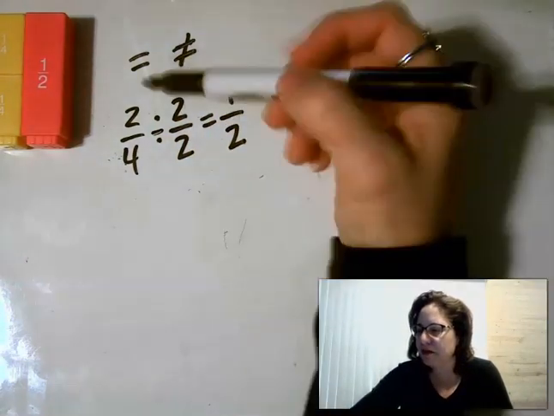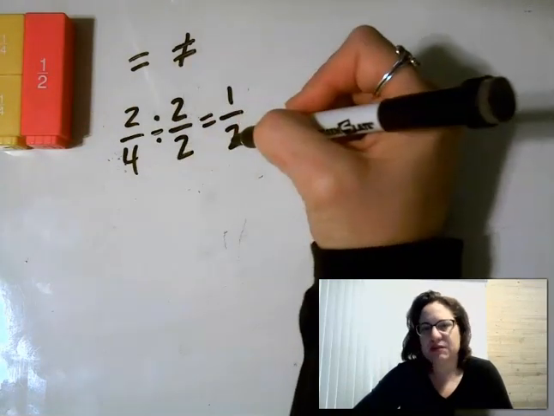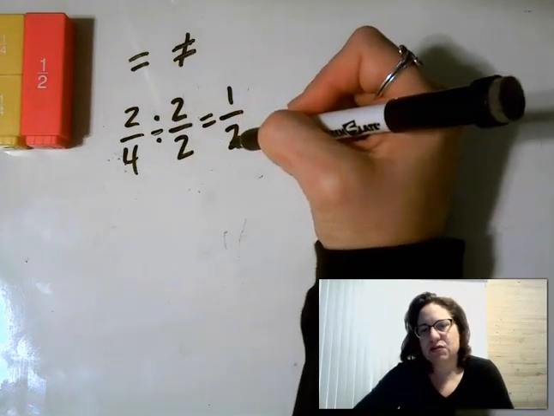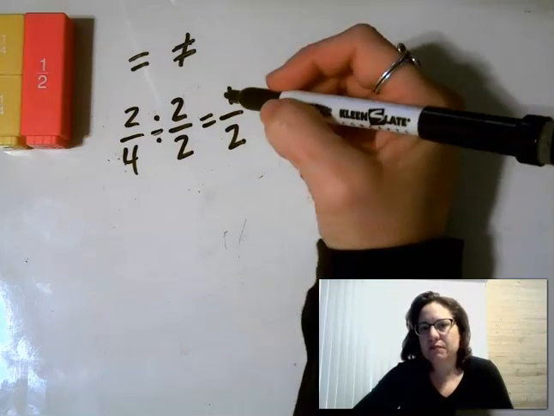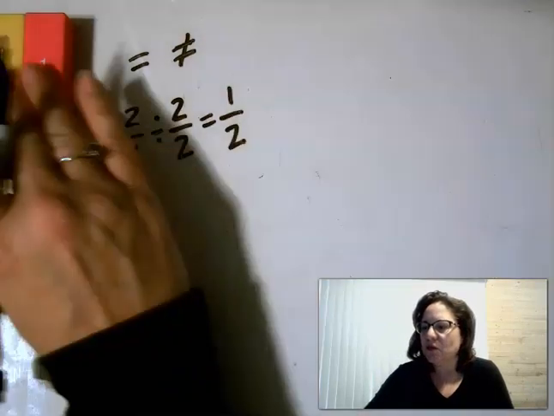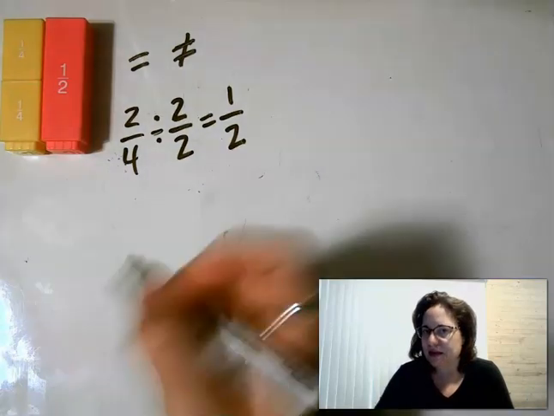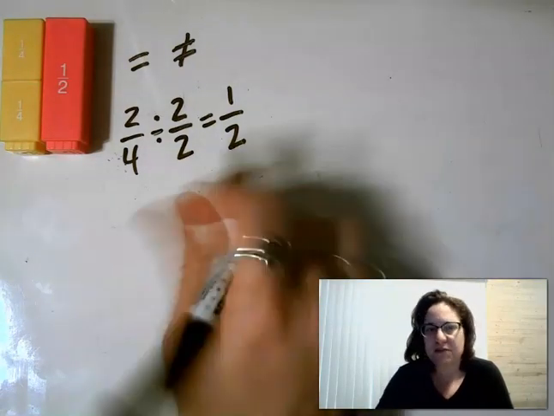That's interesting. So 2 divided by 2 is 1, and 4 divided by 2 is 2. So 2 out of 4 is equivalent to 1 out of 2, or 1/2. 2 fourths is equal to 1/2.